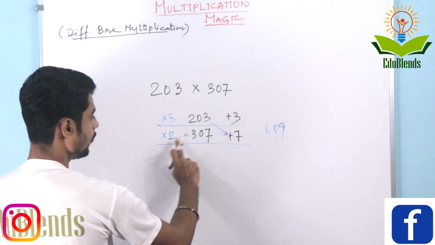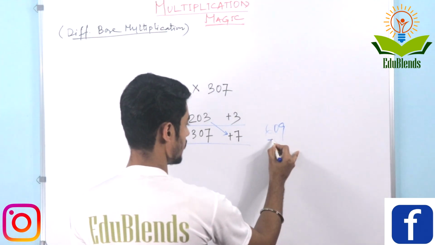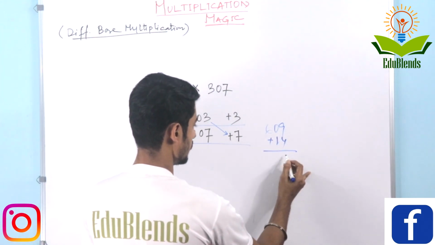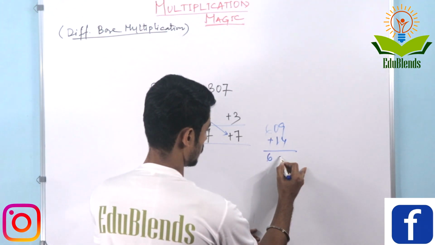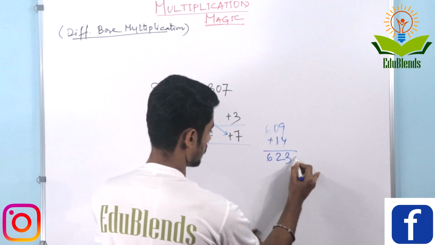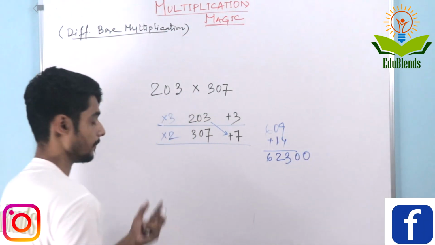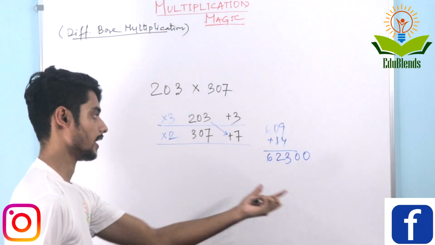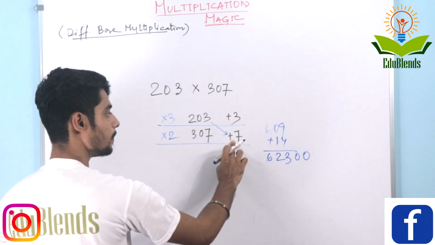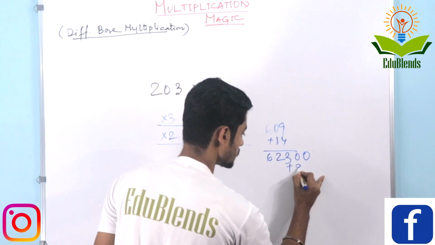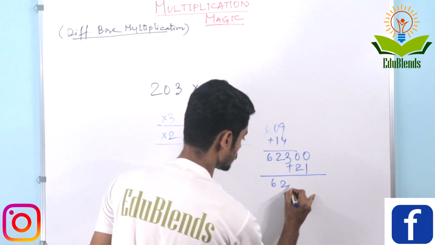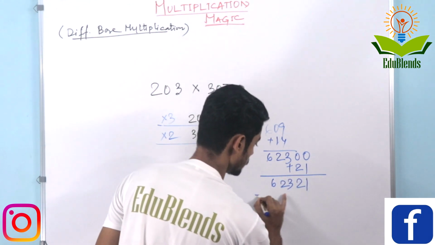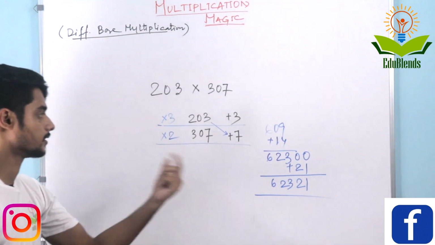Now 2 into 7, 14, plus 14, like 623, 0, like base is multiple of 100, and now plus 3 into plus 7, plus 21. So answer will be 62321. This will be the answer.